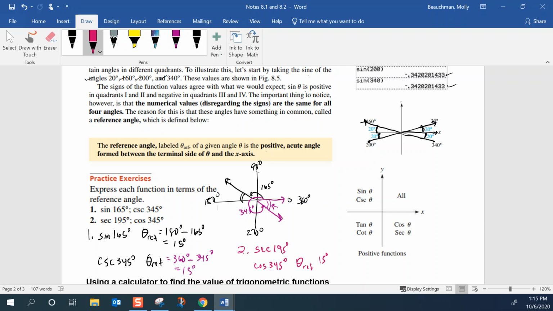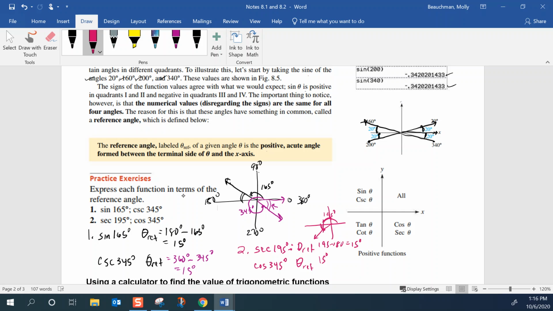Secant of 195 is going to land after 180, on the other side of 180. So the reference angle is 195 minus 180, which is 15 degrees. Okay?